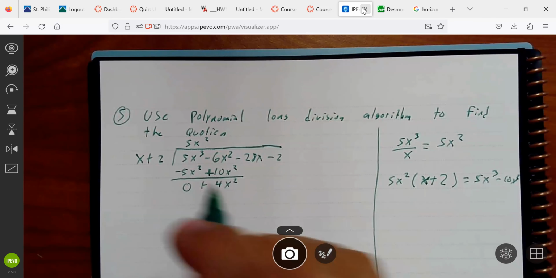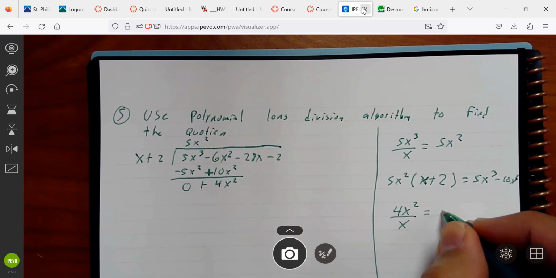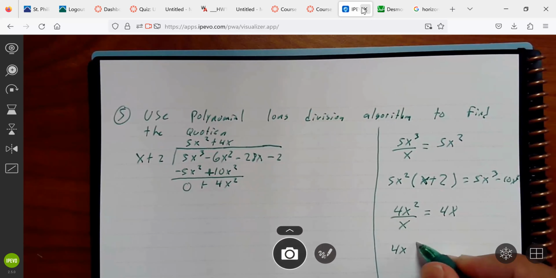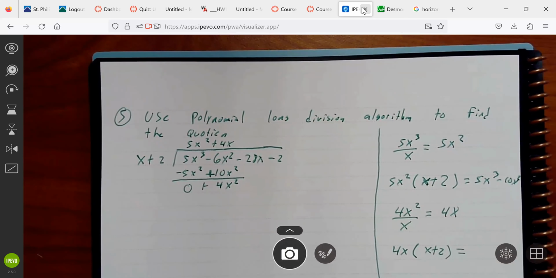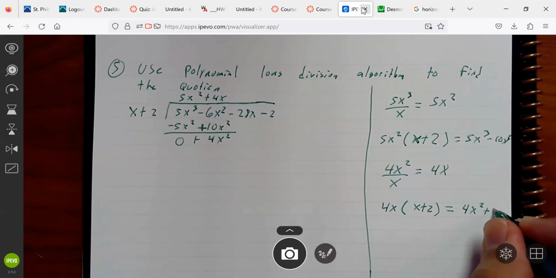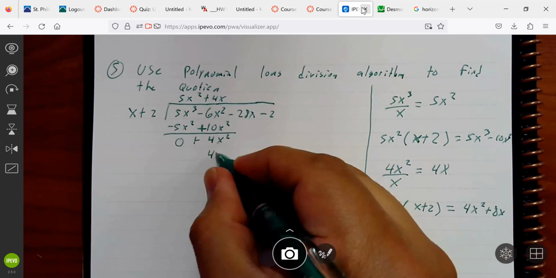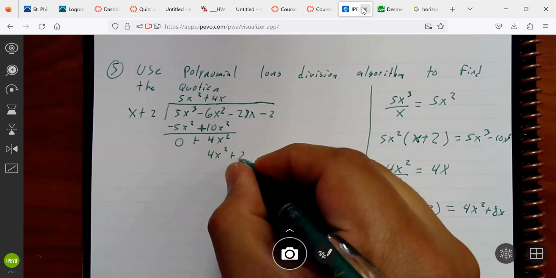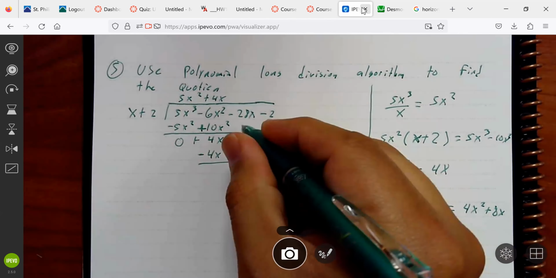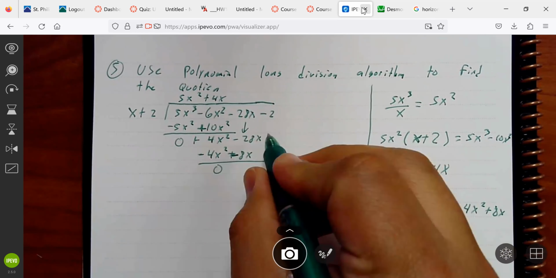Okay, now start again. X goes into that that many times. Now multiply the divisor, giving us 4x squared plus 8x. So that goes here. So it'll be minus, minus. So it'll be 0. Negative 28 minus 8.